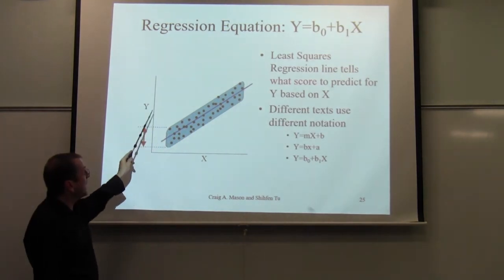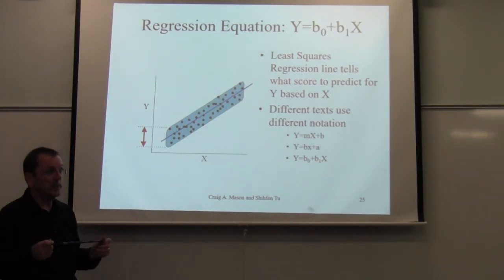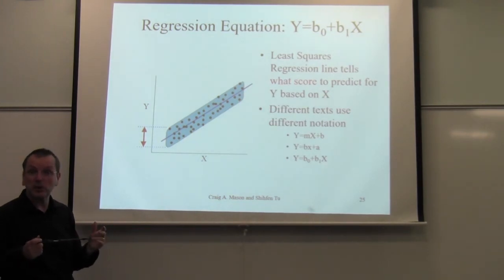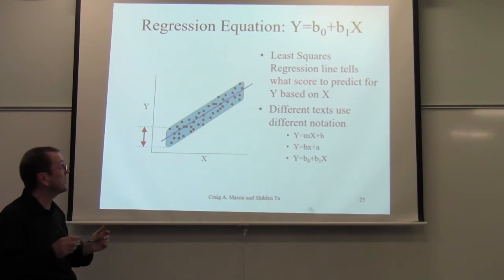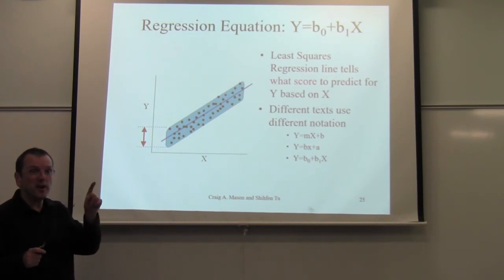What we're going to focus on for our course is what's called least squares regression. There are other types of regression, but when people talk about regression and multiple regression, they're almost always talking about least squares regression. You can probably guess where that comes from, in terms of the sum of squares.